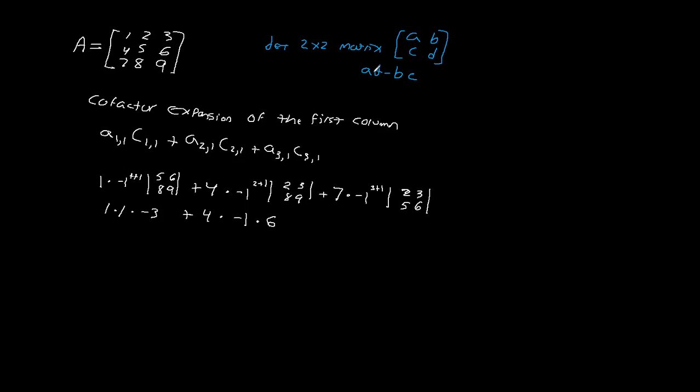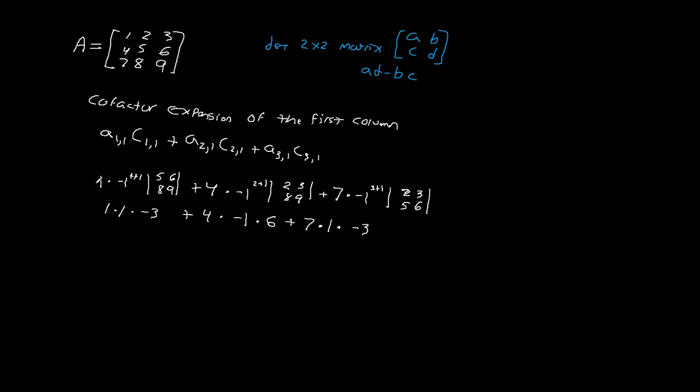Again, I'm just applying AD minus BC to these 2 by 2 matrices. And then we add to that 7 times negative 1 raised to the 4th power, which is just 1, times the determinant of this matrix here, which is also negative 3.